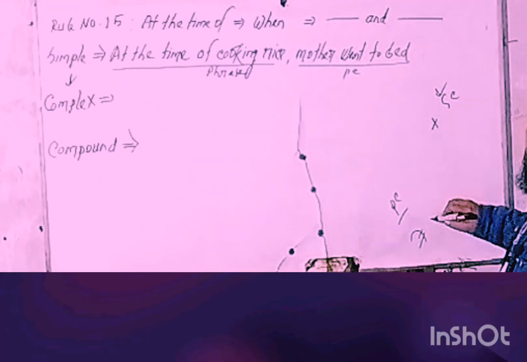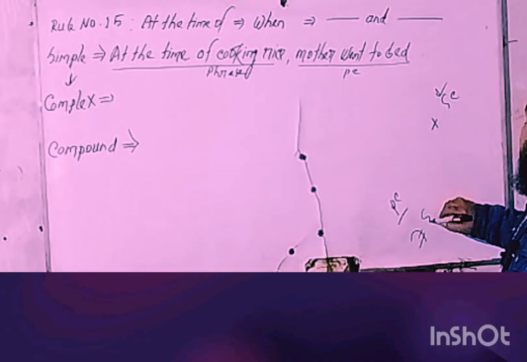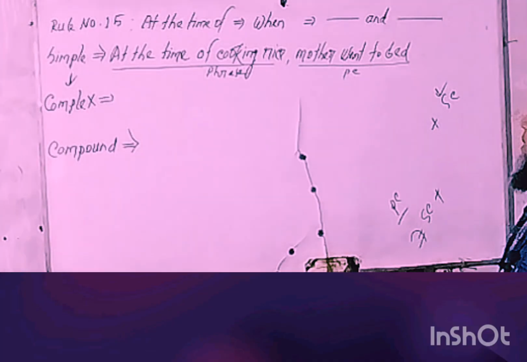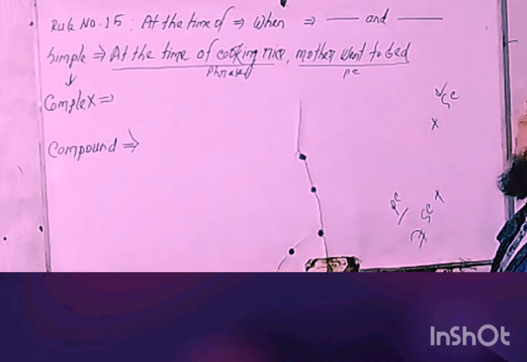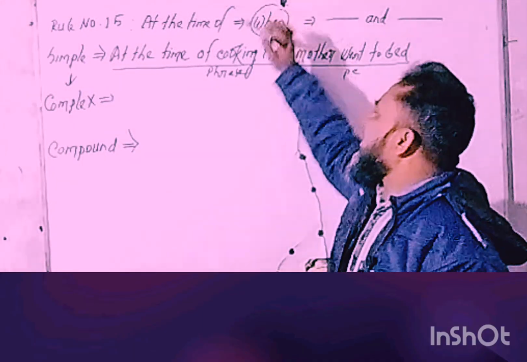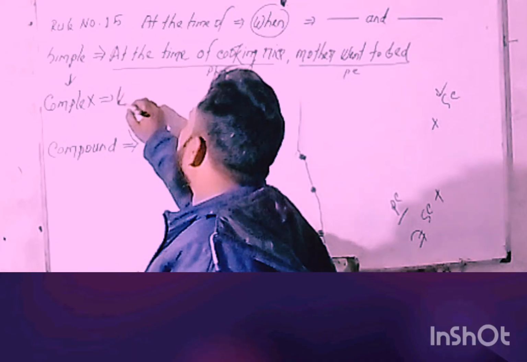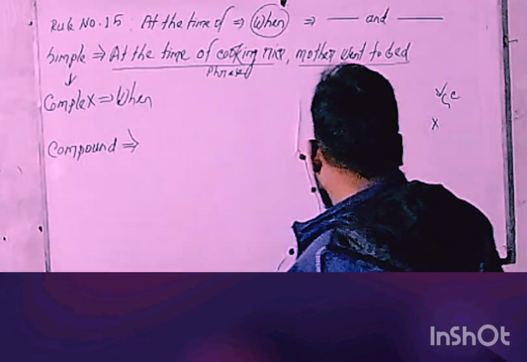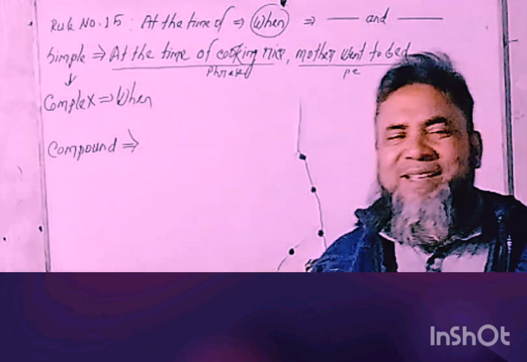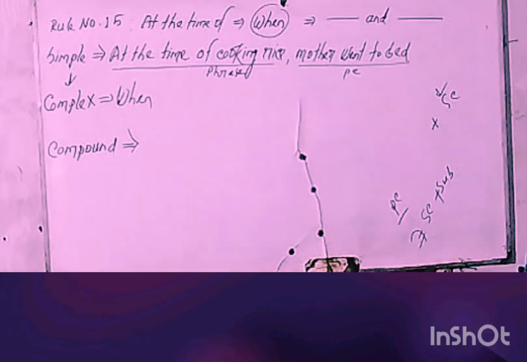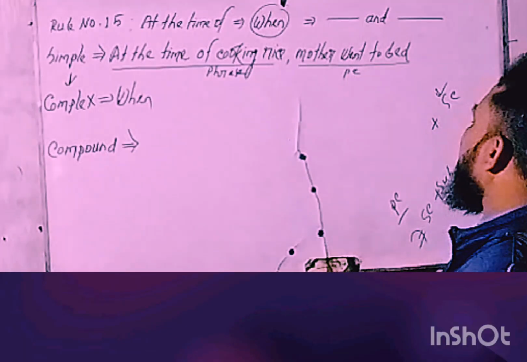At first you have to use a subordinating conjunction. Then write the subject. Of course, you know that there may be many subjects in a phrase, but you will have to bring the subject from the principal clause.